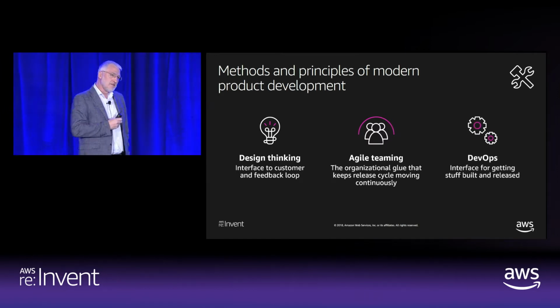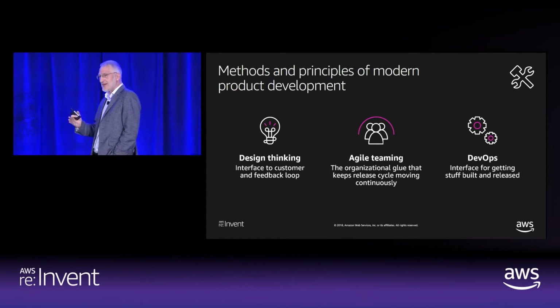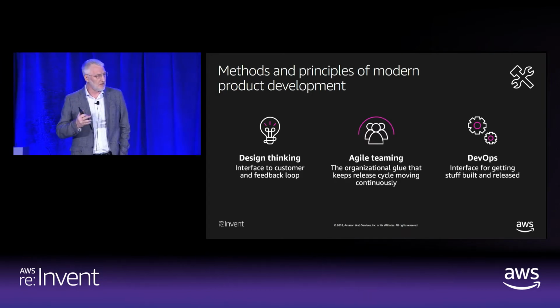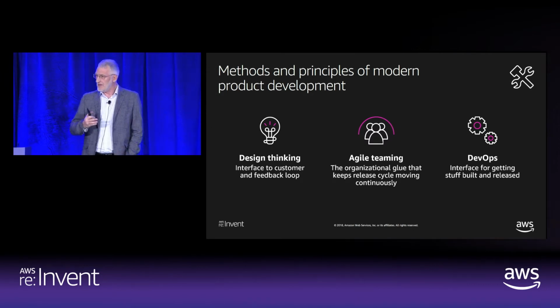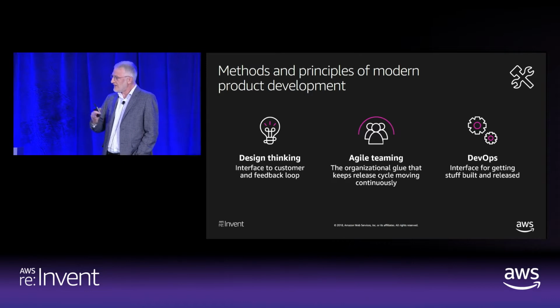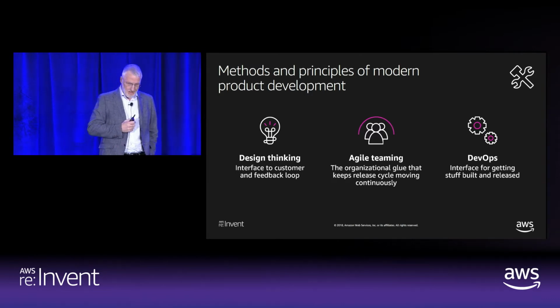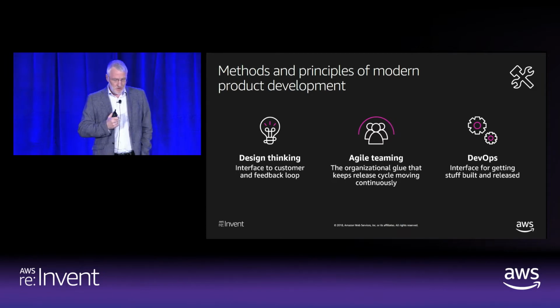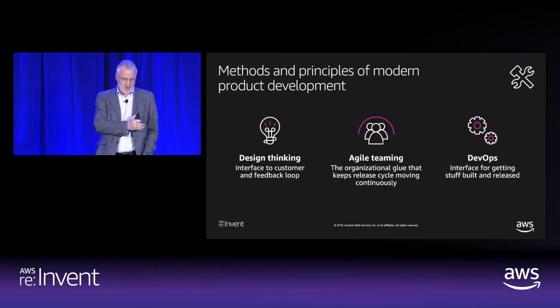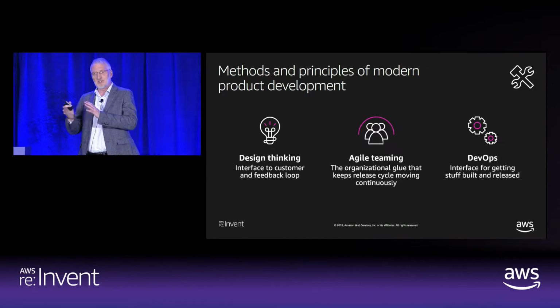And then finally, when you're doing a lot of work and a lot of development and you're going really fast, how can you do it with a high level of confidence? How can you be sure that you can deploy things into production in a healthy state as quickly as possible? Customers I talk to are working on all of these, but sometimes they're doing it in a disjointed way.